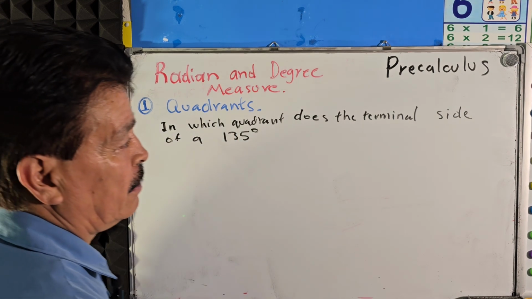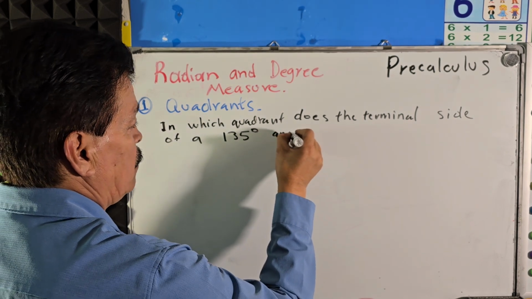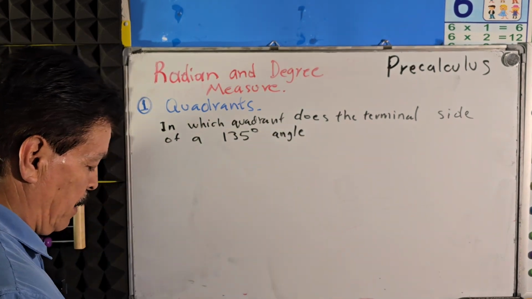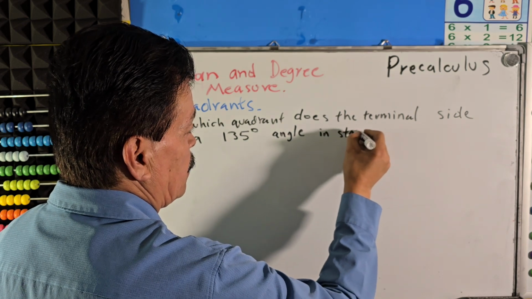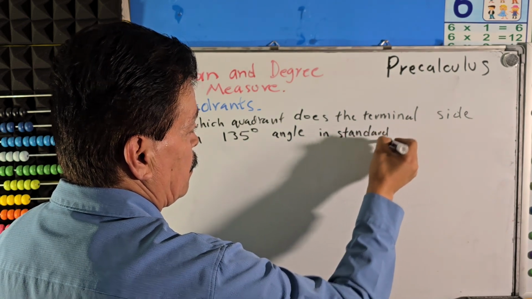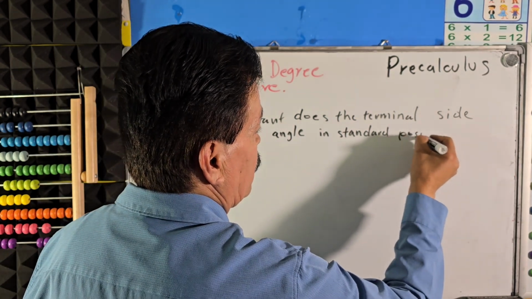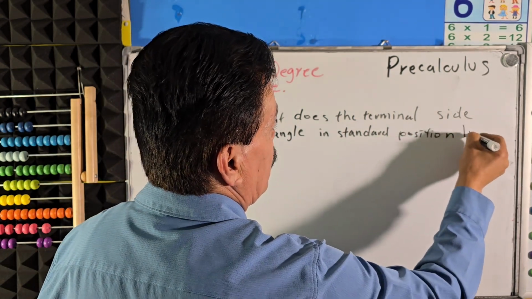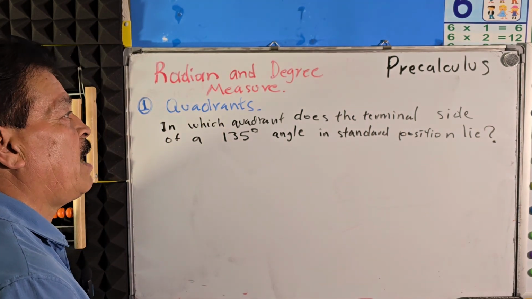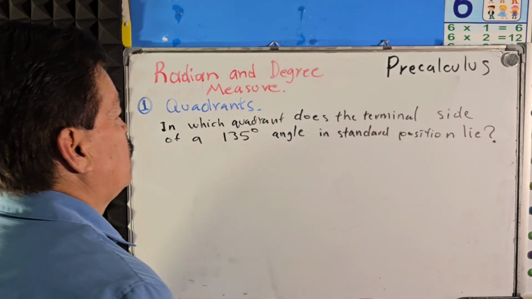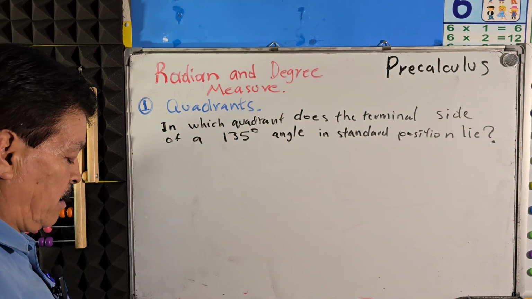We have a specific degree angle. So that's our question. We have to solve this problem to explain to you what I mean by quadrant.